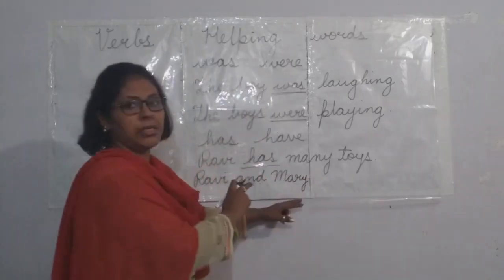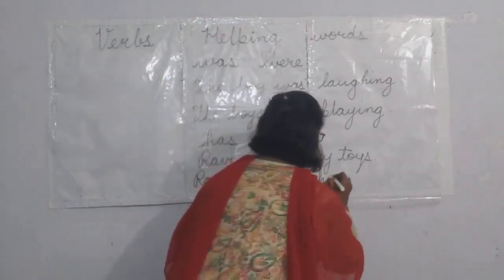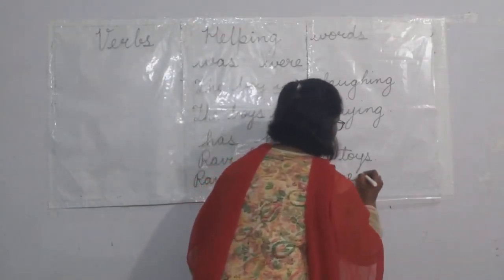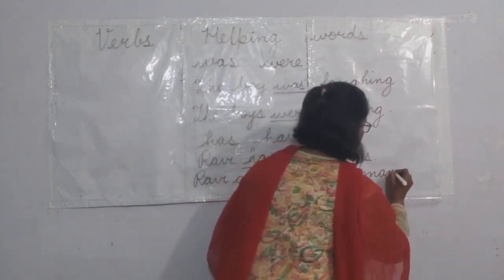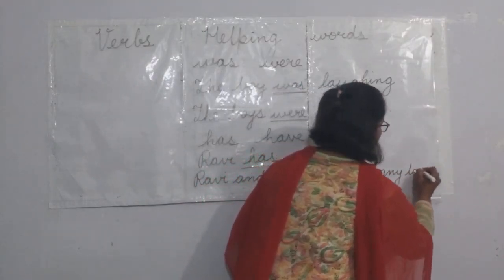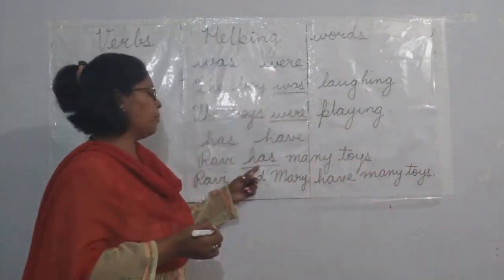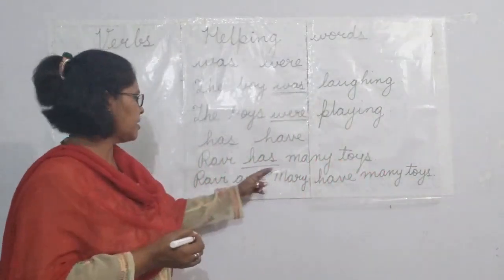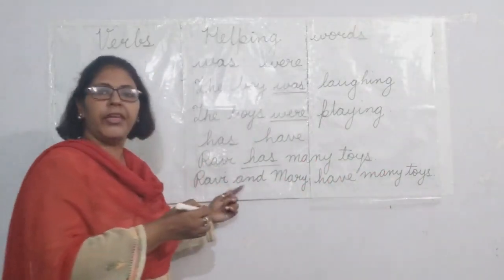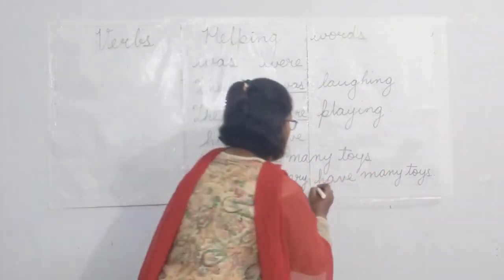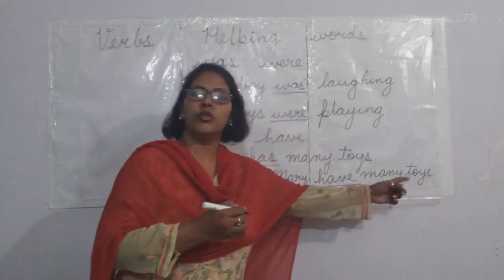Now two persons are there, so we have to use have. For one person, we use has. For two persons, Ravi and Mary have many toys.